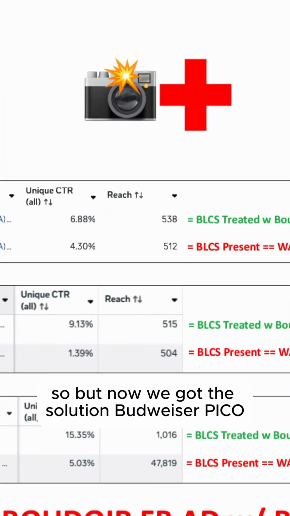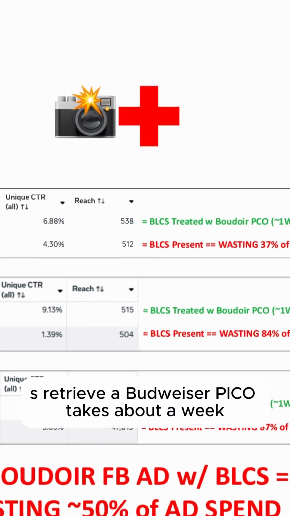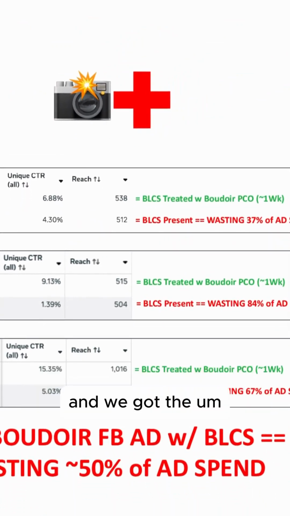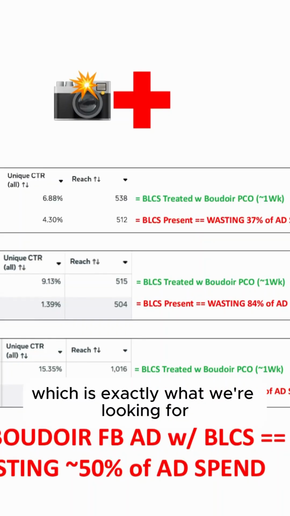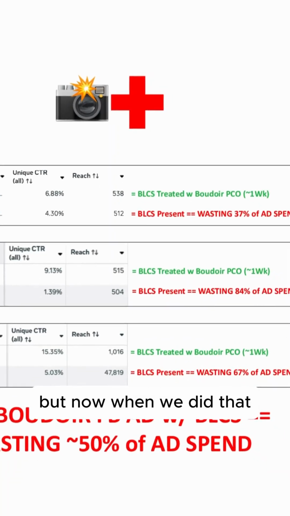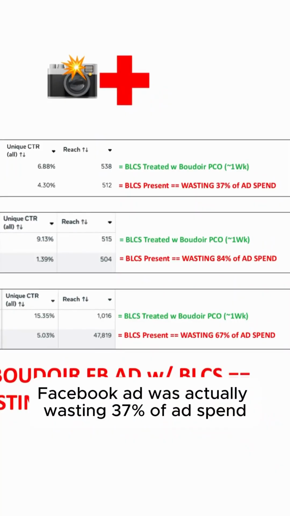But now we got the solution, boudoir Pico. So we did exactly that. We treated it with boudoir Pico, takes about a week, and we got the unique CTR up to 6.88%, which is exactly what we were looking for. But now when we did that, we found out the original boudoir Facebook ad was actually wasting 37% of ad spend.